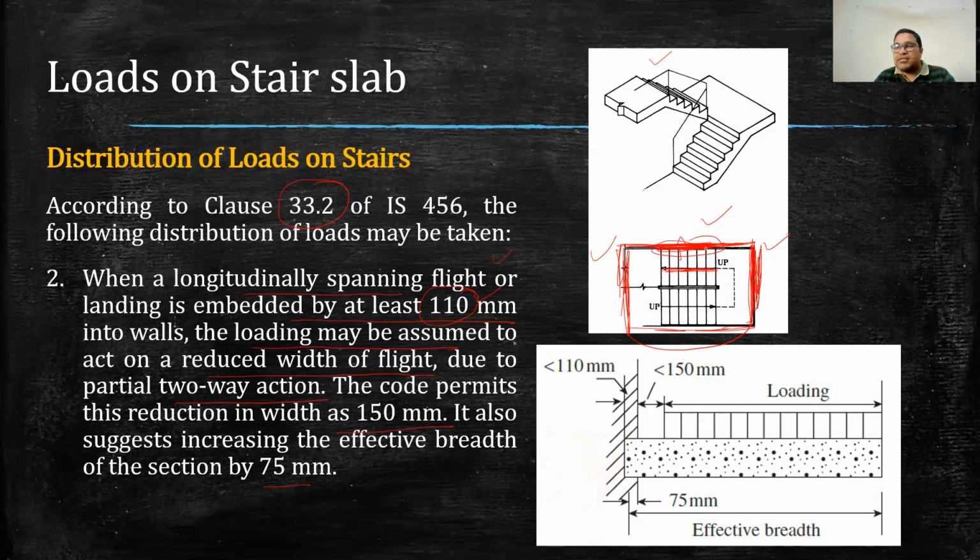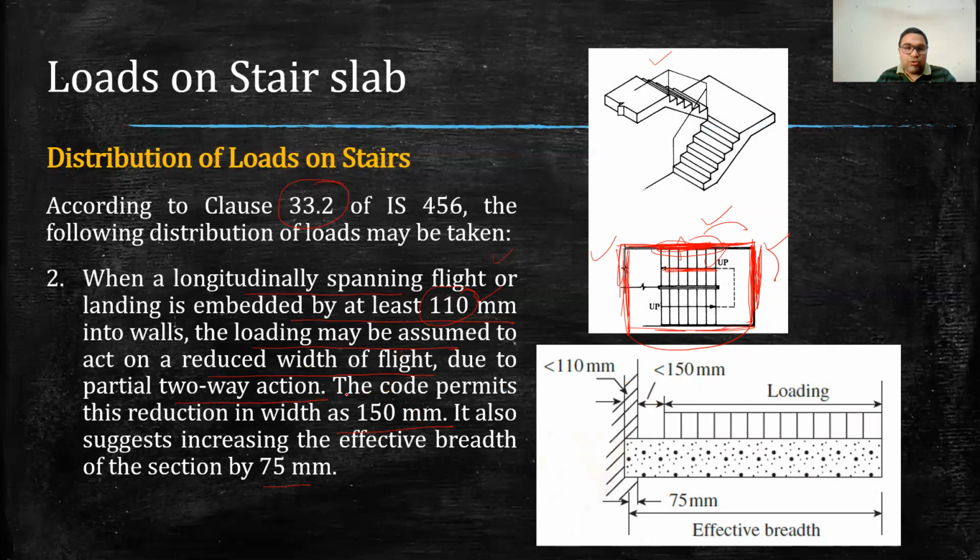It may behave as a two-way slab, or it may have two-way action. So bending may be along like this or along like this. So therefore, two-way bending action may occur. In that case, the load carrying capacity will increase, and therefore a reduction in the load which is coming on the slab may be considered.